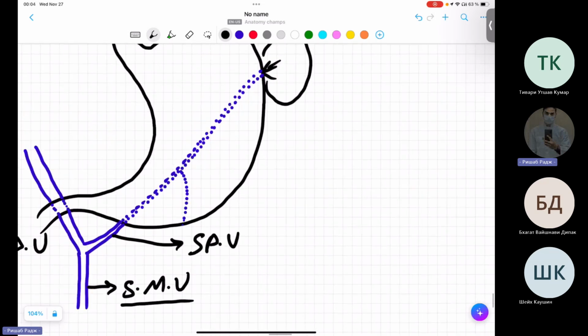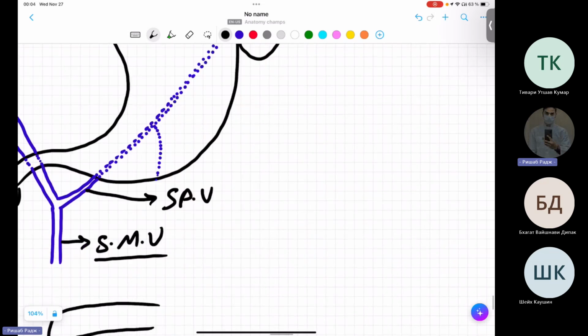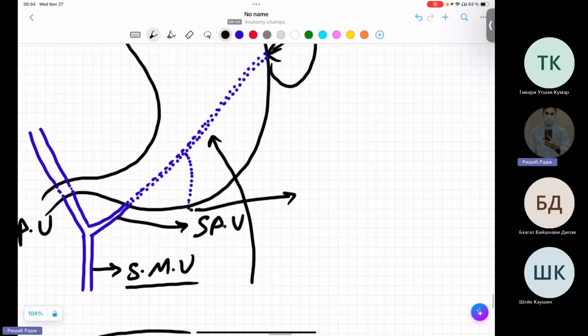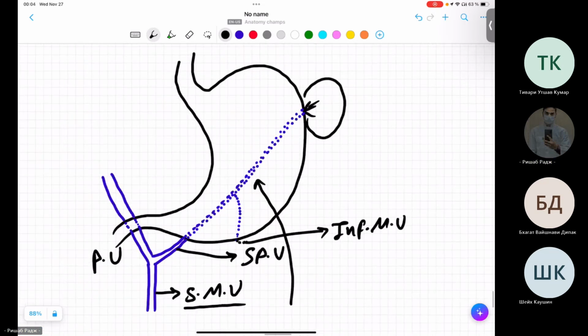Okay, the splenic vein receives the inferior mesenteric vein, or you can say the inferior mesenteric vein also comes here to drain into the splenic vein. From this portal vein, the left gastric vein and right gastric vein will come.